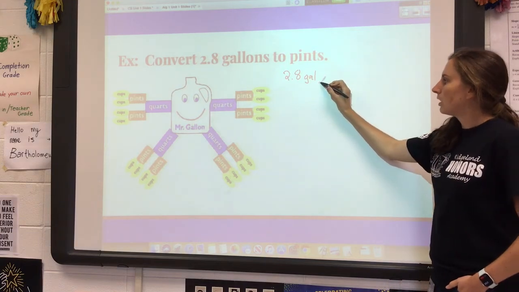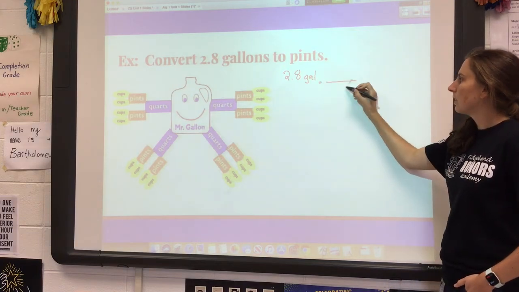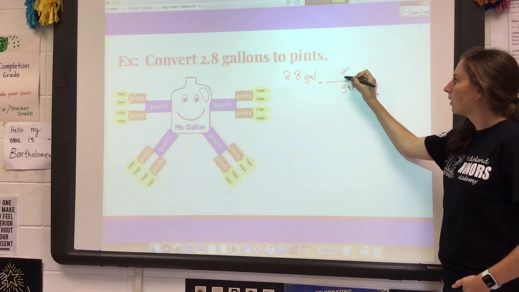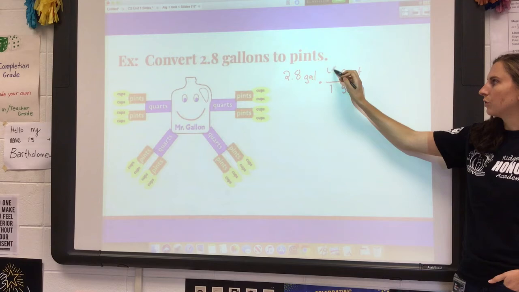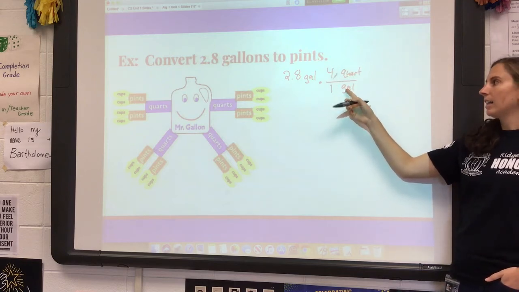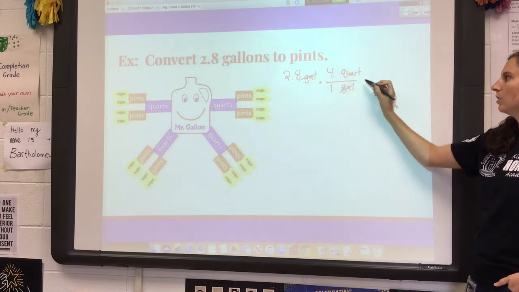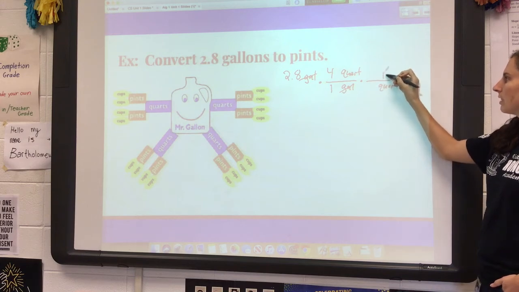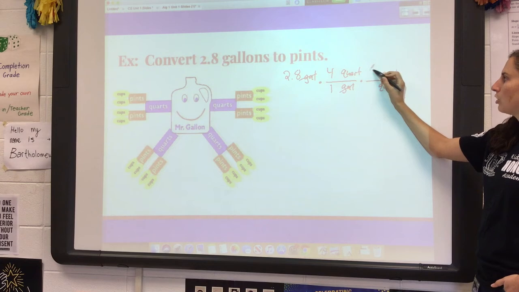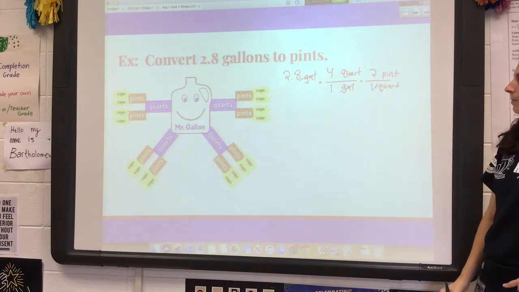So if I want to go gallons to quarts, I know that in 1 gallon, there's 4 quarts. And again, I put gallons down here so that those will cancel. And then I can go quart to pint. I know there are 2 pints in every quart.